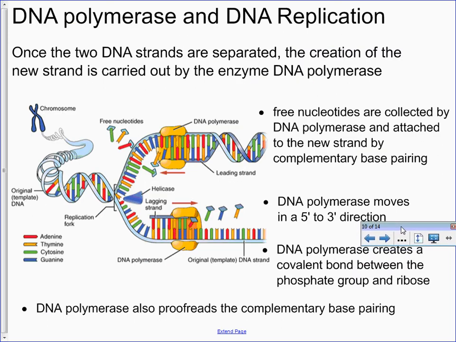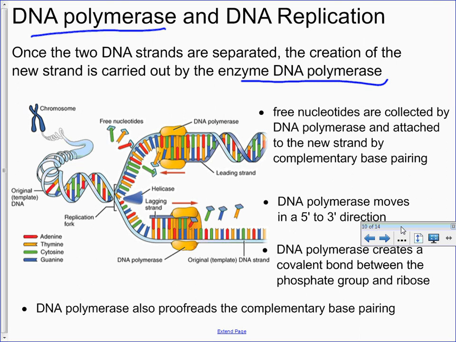Once the 2 strands have been separated, then the new strands can be created using the old strands as a template. This is accomplished by the enzyme DNA polymerase. Once those 2 strands are separated, the creation of the new strand is performed by DNA polymerase.